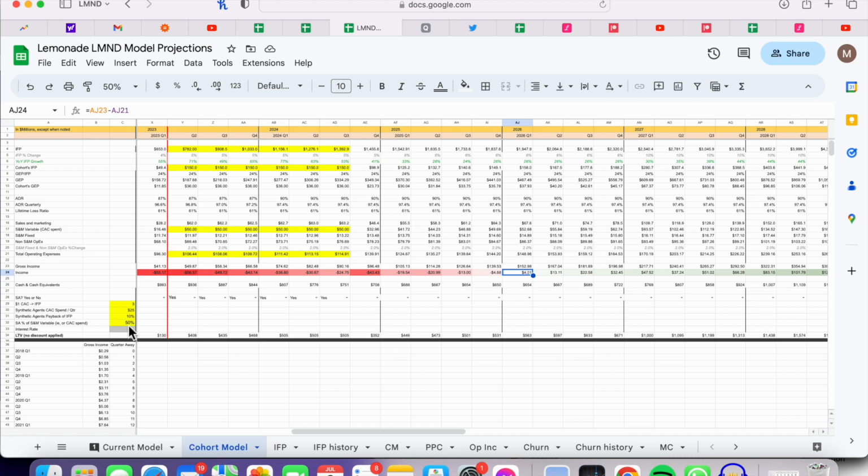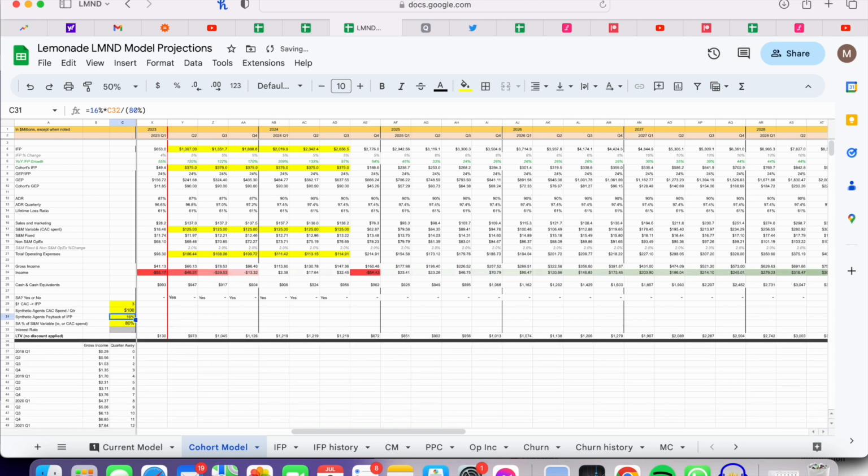But let's say maybe we go back to 80, but let's just say they load up on synthetic agents. Like they say they have way more money, and they're going to actually spend $100 million a quarter and just pour fuel on the fire of synthetic agents. Well, now suddenly you're shifting profitability way sooner, up till 2025. You're becoming profitable.